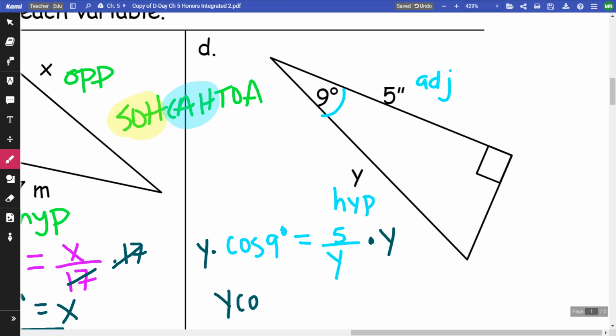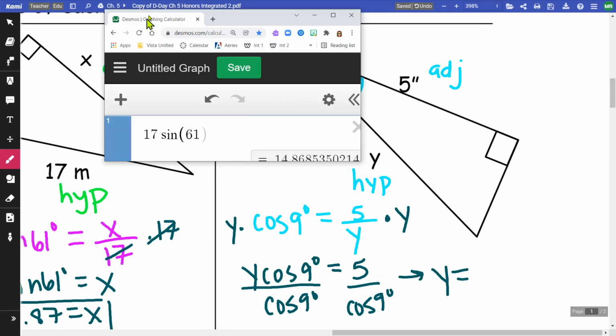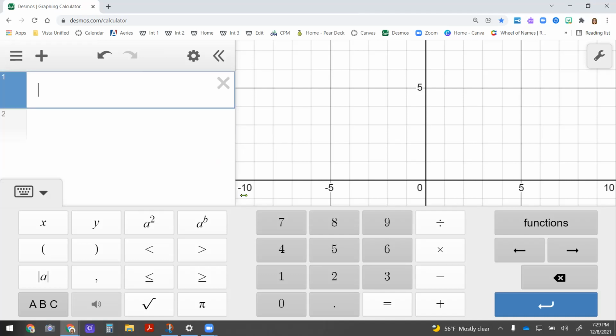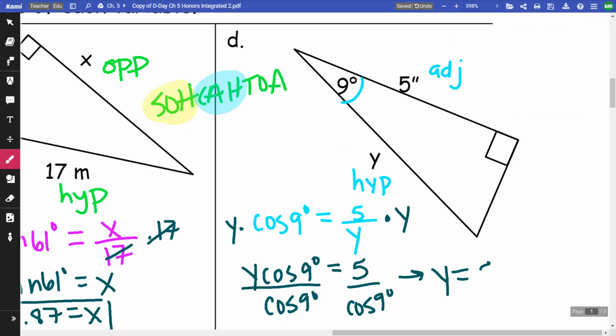I get y cosine of 9 degrees is equal to 5. I am going to divide both sides by cosine of 9 degrees. And when I do, I get y is equal to 5 divided by cosine of 9 degrees, which is 5.06.